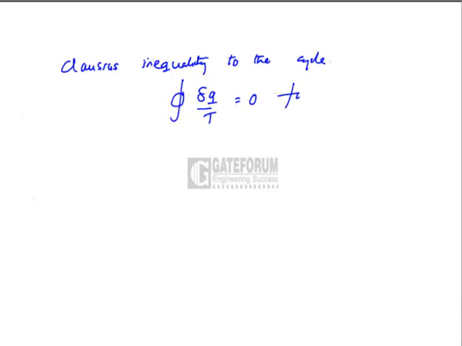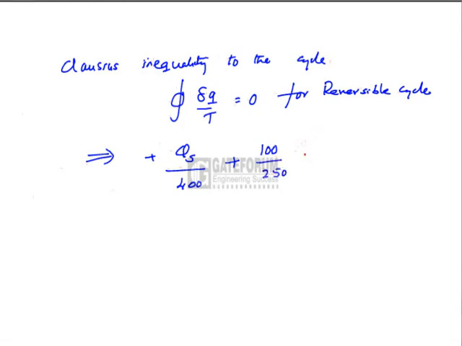Applying Clausius inequality to the cycle, which states that the cyclic integral of delta Q by T is 0 for a reversible cycle, implies plus Q supplied from the 400 Kelvin reservoir divided by 400 K, plus 100 watts of heat taken from the 250 Kelvin reservoir, minus Q rejection divided by 300 Kelvin temperature, should be equal to 0.